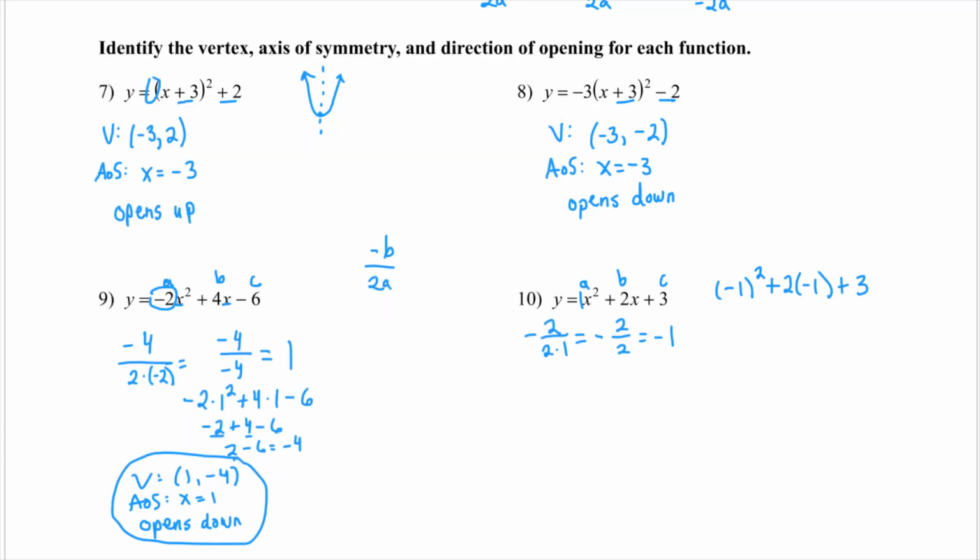Alright, anyway, we got 2 for our y value. So the vertex here is -1, 2. And our axis of symmetry is the x value, so x equals -1. And our graph opens up because this is a +1.